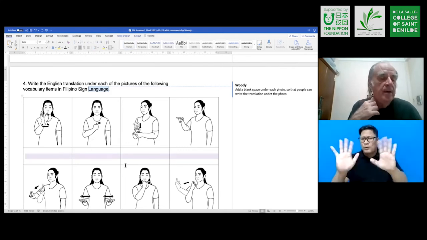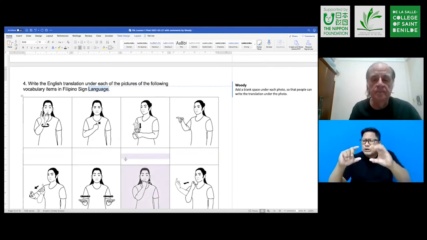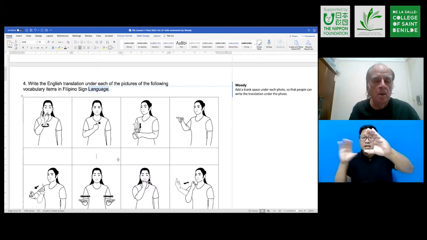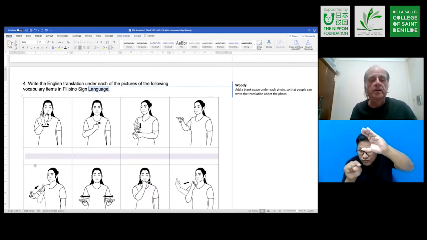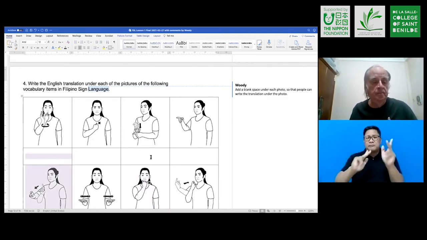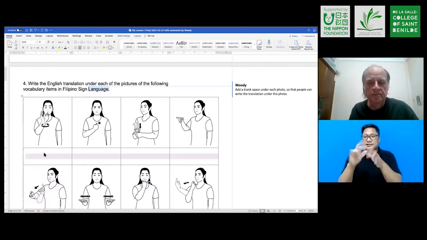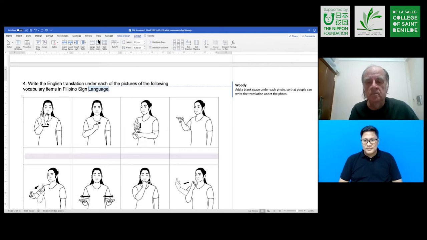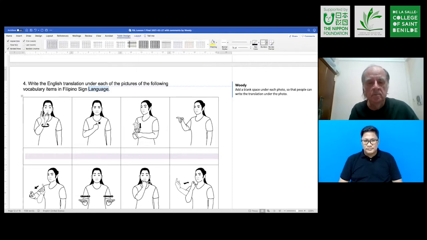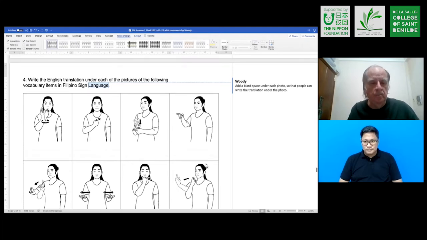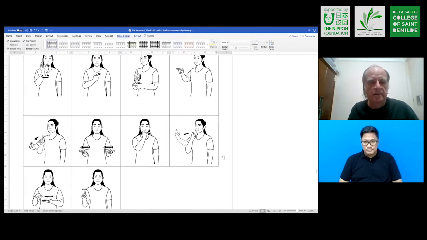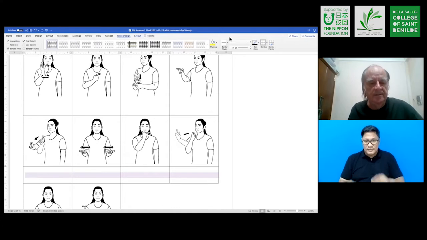You can make it a little smaller, just enough so people can write, and you can fix it later. Yeah, same with each of the pictures.